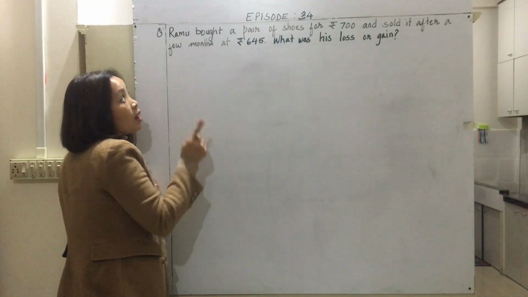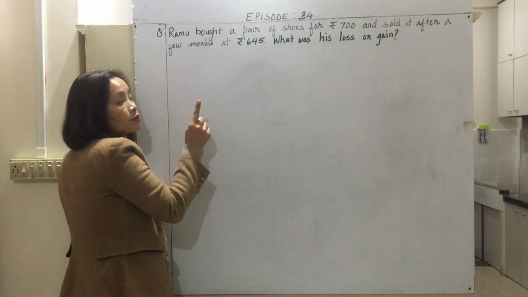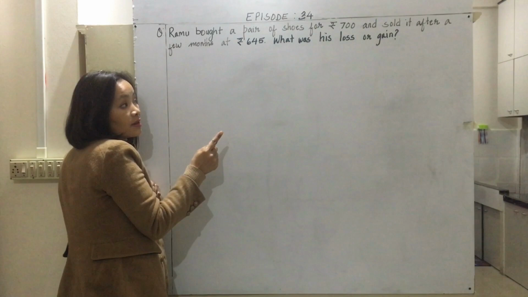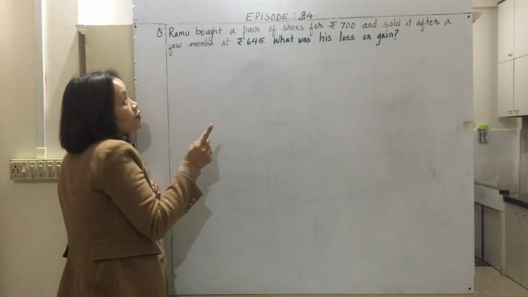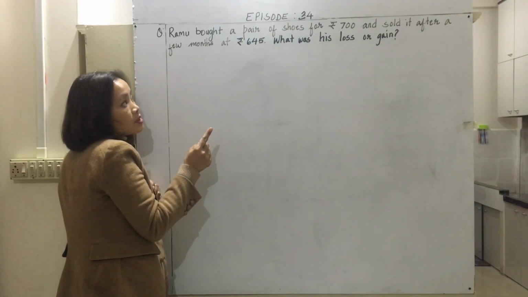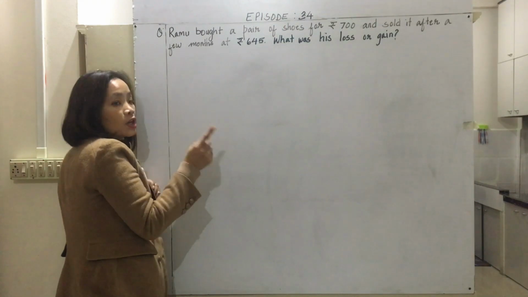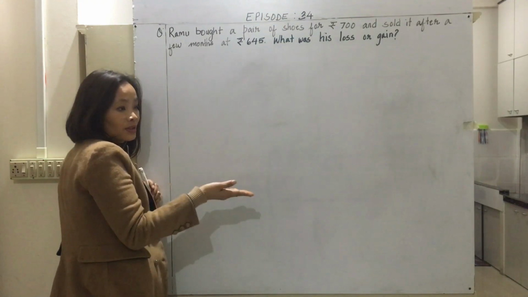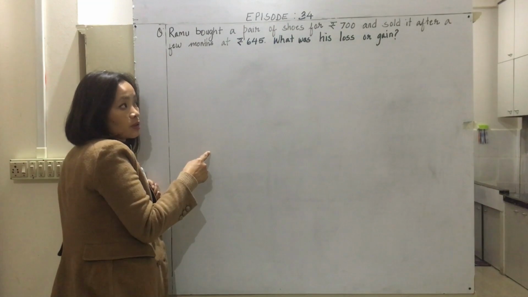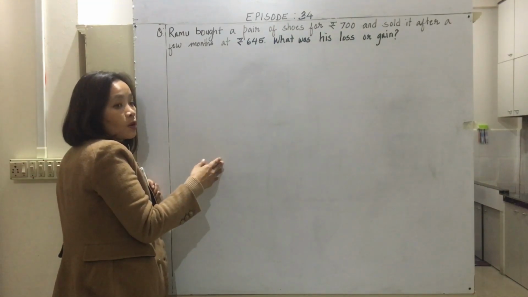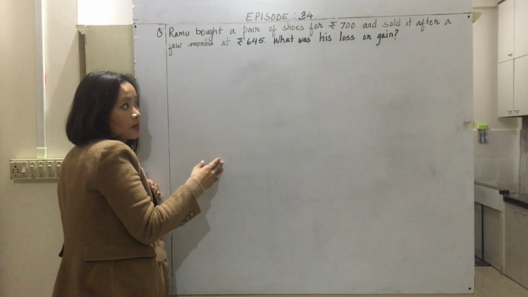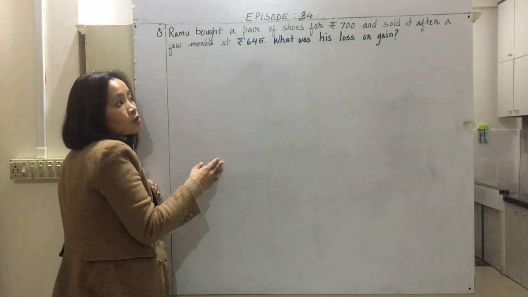Ramu bought a pair of shoes for rupees 700 and sold it after a few months at rupees 645. He bought it and then sold it. He bought it for 700 rupees and sold it for 645. What was his loss or gain?